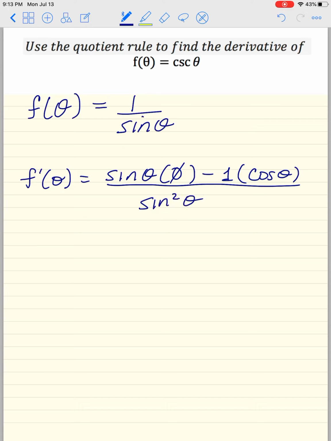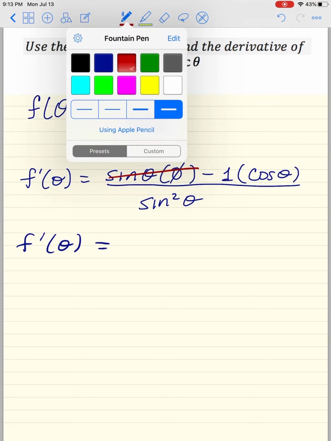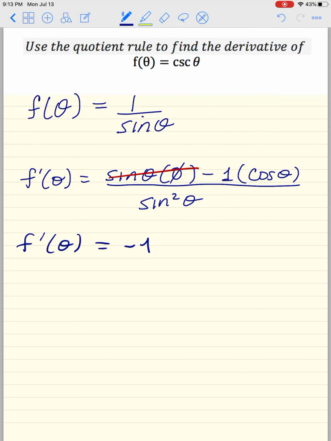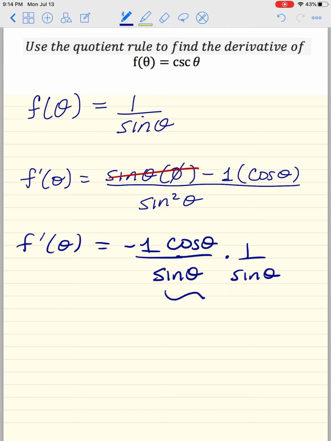Okay? So now, to clean this up a bit, this part right here cancels out, 0 times sine theta, and you're actually left with negative 1 over, cosine theta over sine squared theta. Now I'm going to do something here. I'm going to write sine squared theta as sine theta times 1 over sine theta. In other words, you can see that this part here gives you sine squared theta.